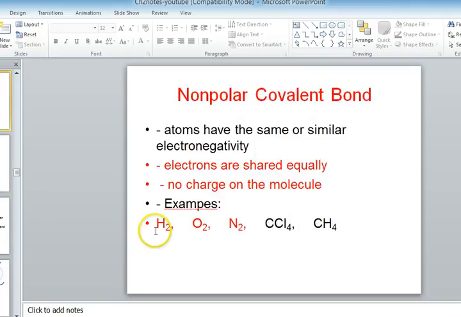As far as testing purposes, we're going to concentrate on these right here, which is sort of the extreme example. If you have the same element on either end of that covalent bond, those atoms have the same pull for electrons. The electrons have to be equally shared. That is going to be a nonpolar covalent bond.